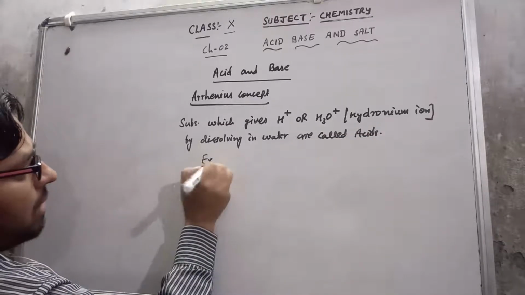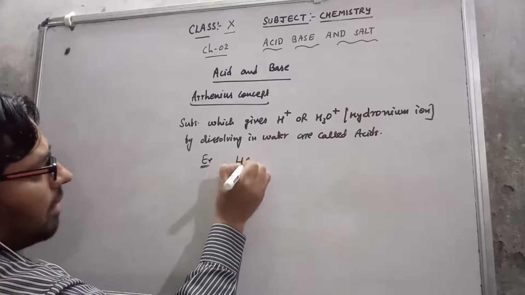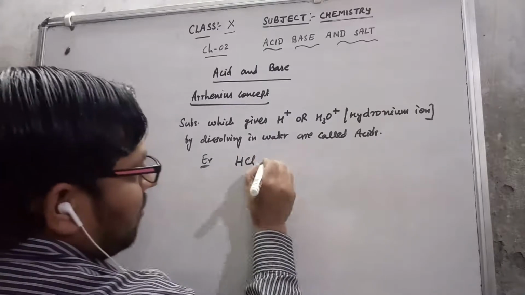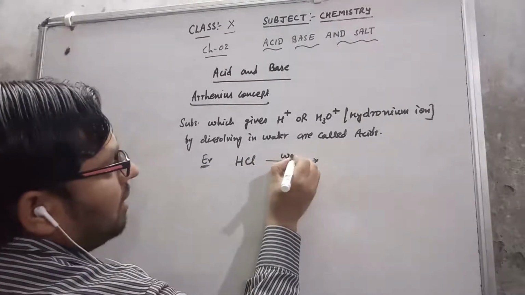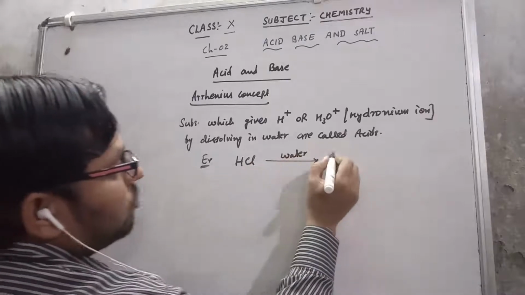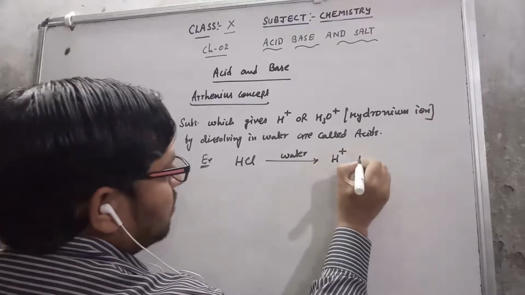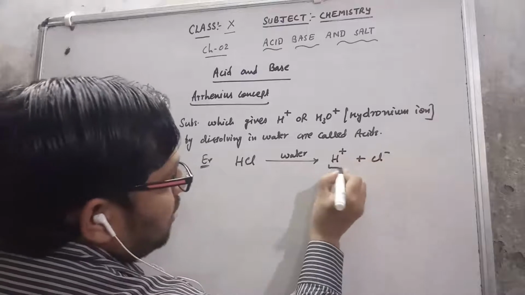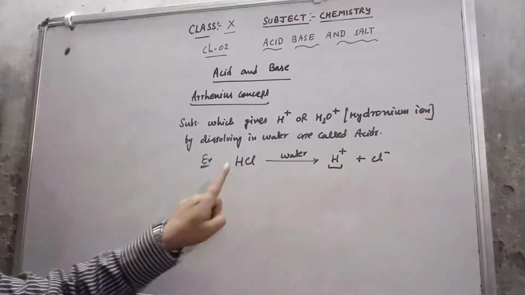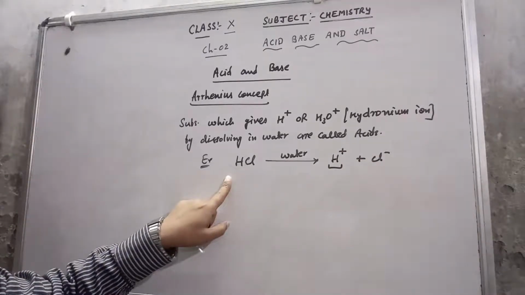for example, suppose I have HCl, and if I dissolve HCl in water, then HCl is going to split up into H positive and Cl negative, so that gives us the hydrogen ion. So I can say that HCl is acidic in nature.